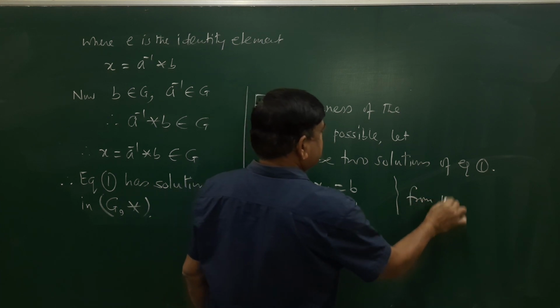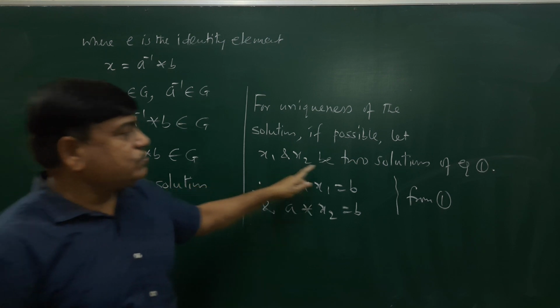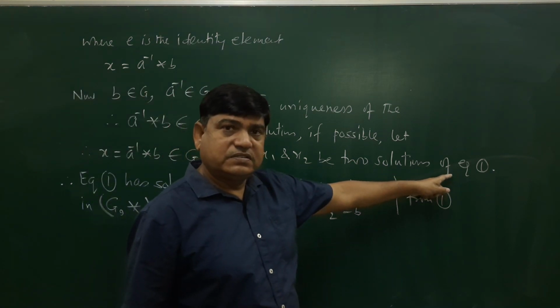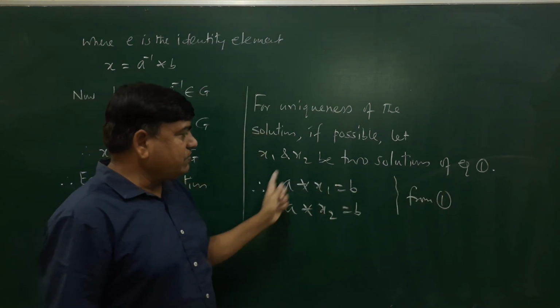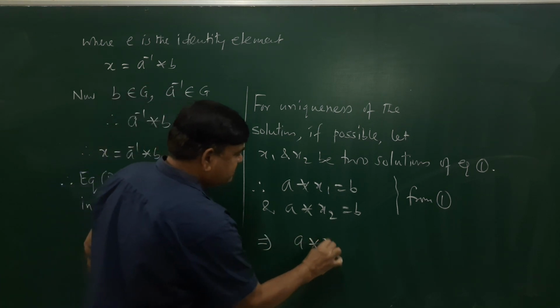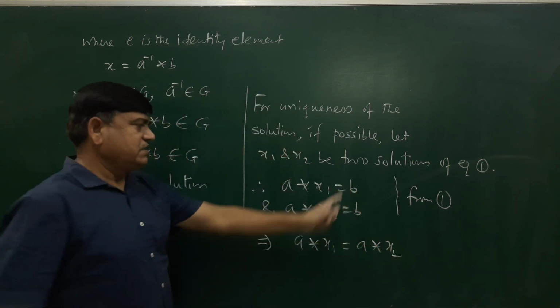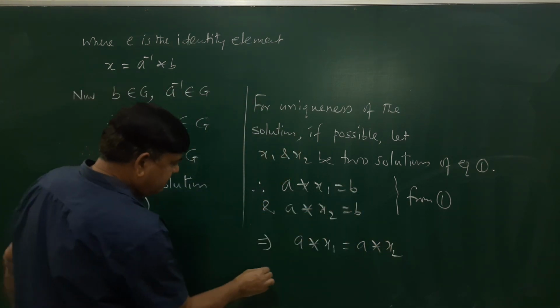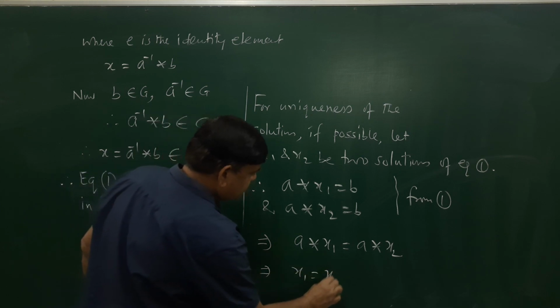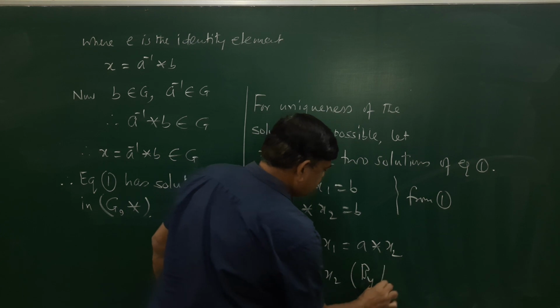First, we have assumed x1 and x2 be two solutions of first, so x1 and x2 will be satisfied by this. This implies a asterisk x1 equals a asterisk x2 because this side is equal, and this implies x1 equals x2. Give the reason.